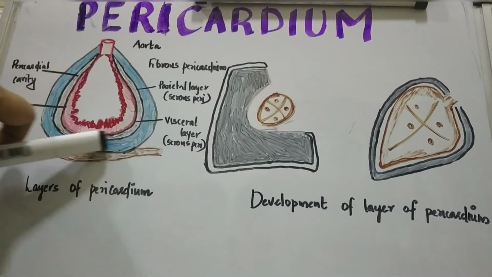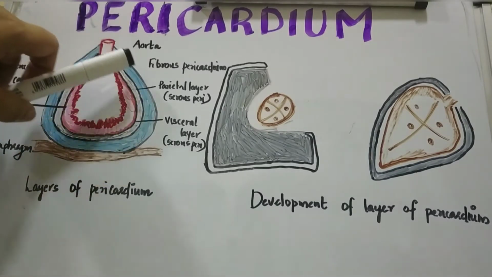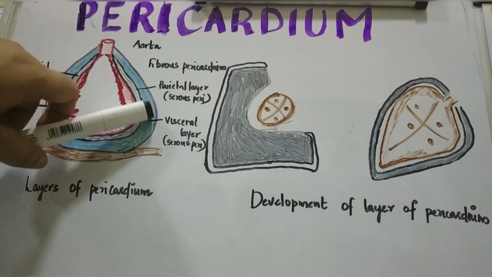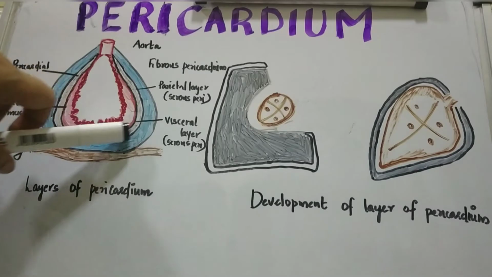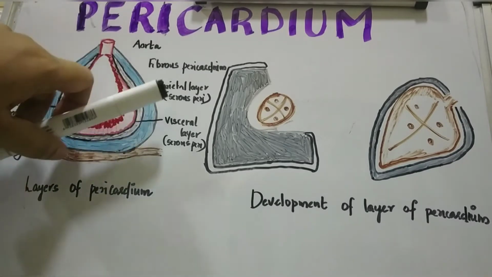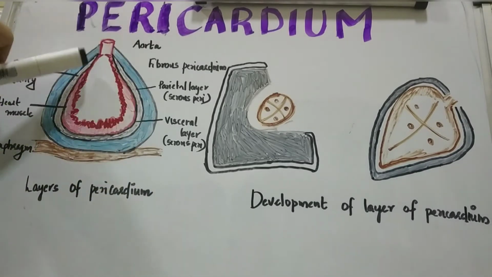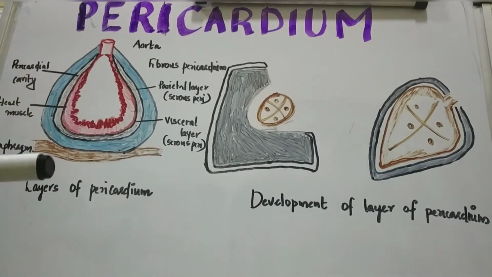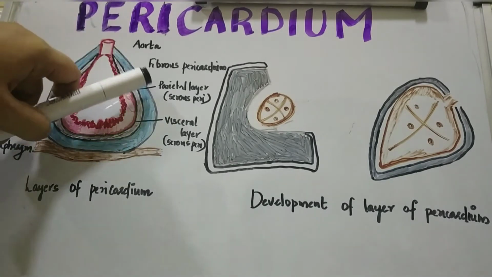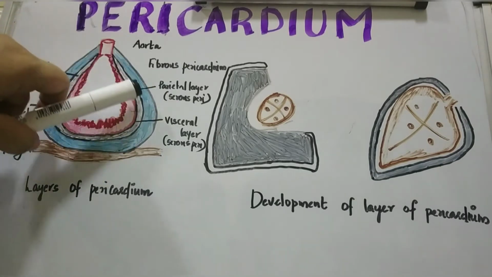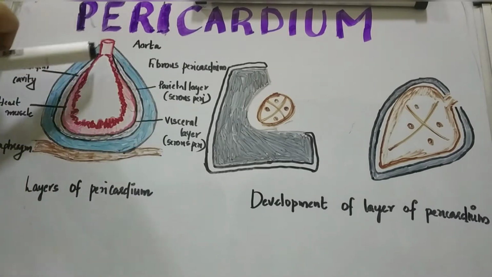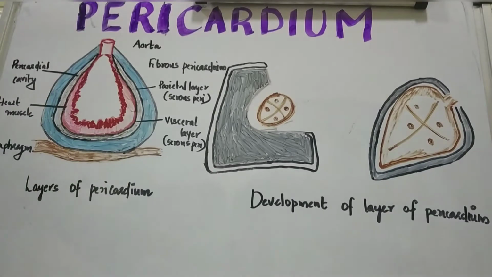The outer parietal layer is fused with the inner part of the fibrous pericardium, and the visceral layer is fused with the wall of the heart. This is also called the epicardium.